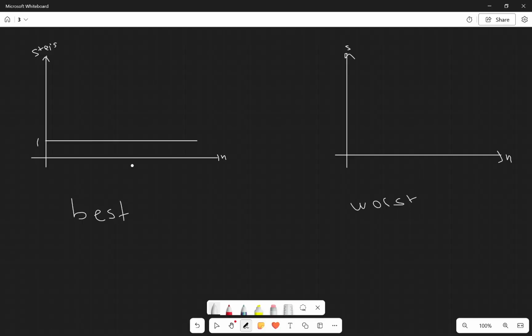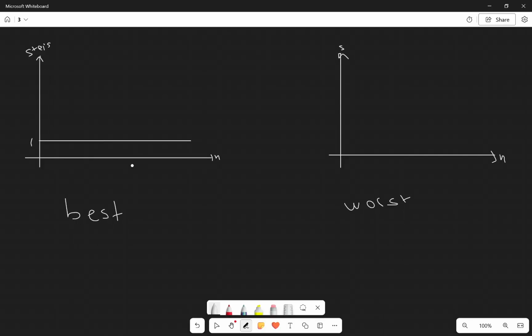So it doesn't matter how many books are in the bookshelf, you will only take one step. In the worst case scenario, you will have to go through all the books. That means it increases linearly as the number of books in the bookshelf increases.